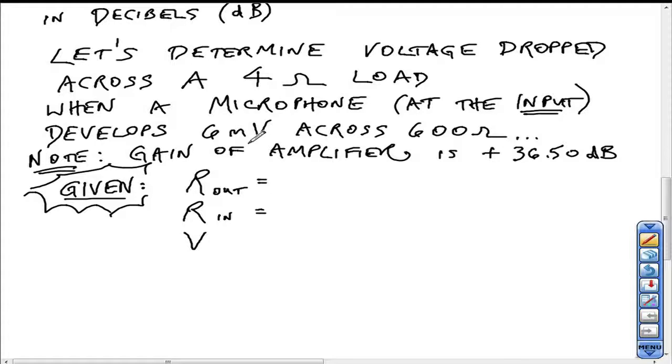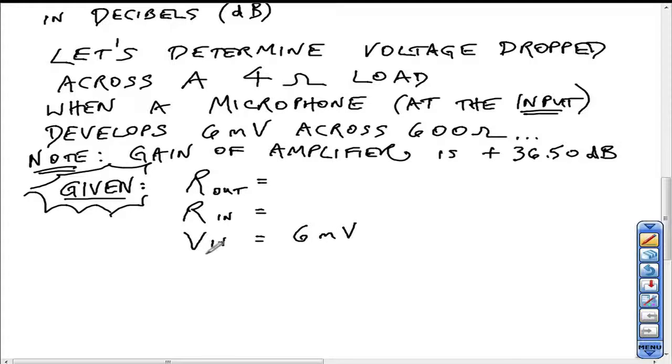We have a V. My hope is, again, I underlined it for a reason. It won't be underlined in your book, but that's the idea, to really look for these words. It's telling you there's a microphone at the input, and at the input we are developing 6 millivolts. So that's at the input. I'm going to write 6 millivolts.